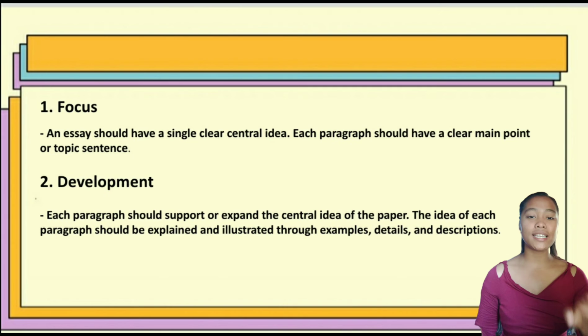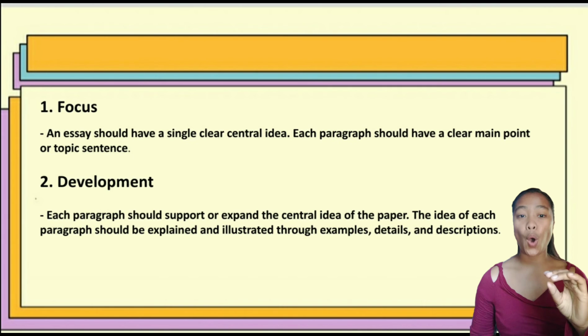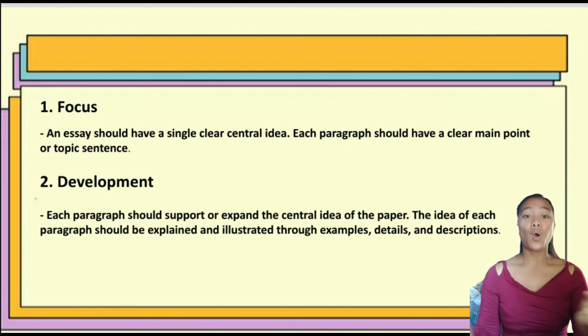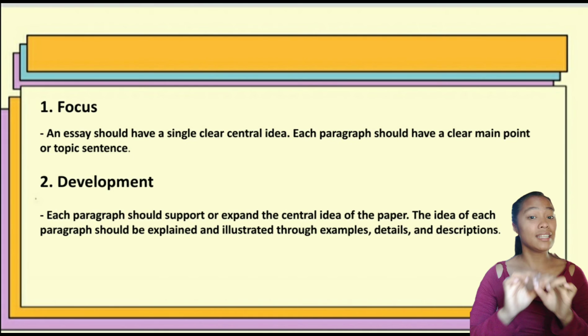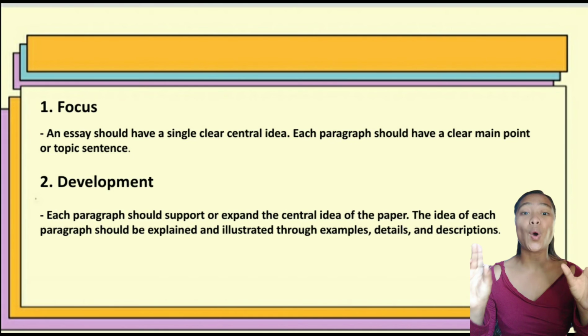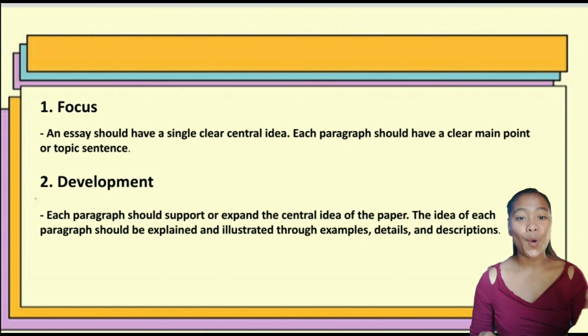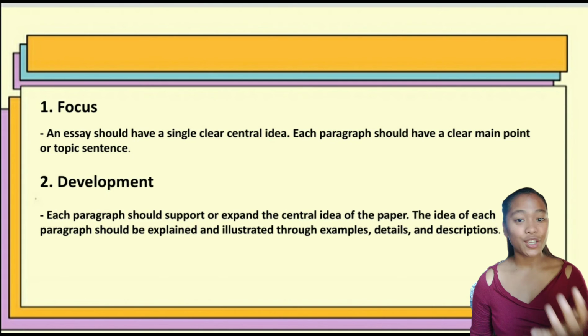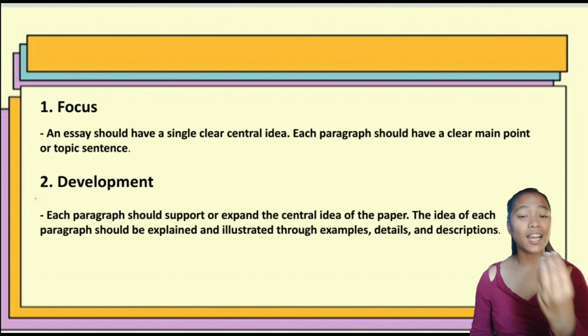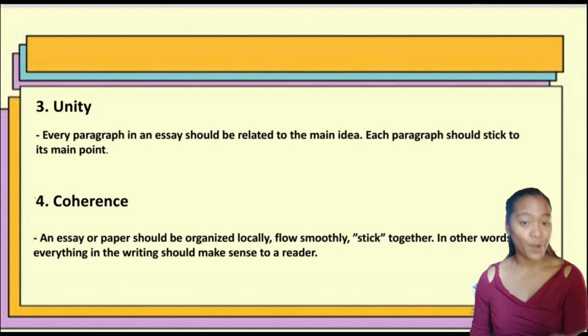Through this quality, your essay is well explained and thoroughly illustrated, so people who read your articles, your journals, or documentation essay can really understand what you want to express.